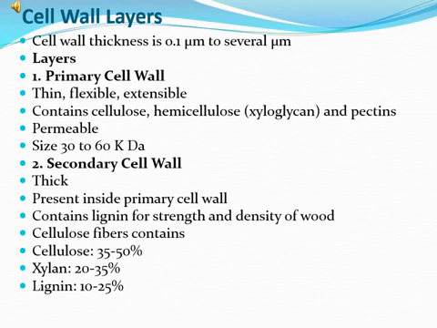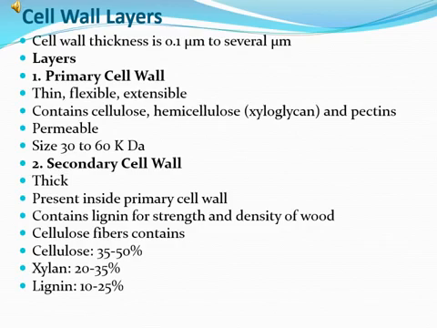Cell wall layers. Cell wall thickness is 0.1 micrometer to several micrometers. Layers: primary cell wall and secondary cell wall. The primary cell wall is thin, flexible and extensible. Primary cell walls contain cellulose, hemicellulose and pectins. It is permeable.